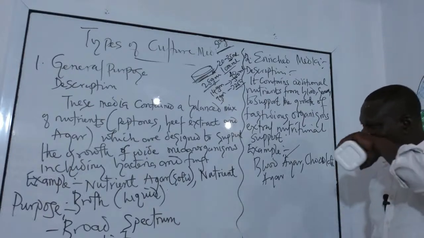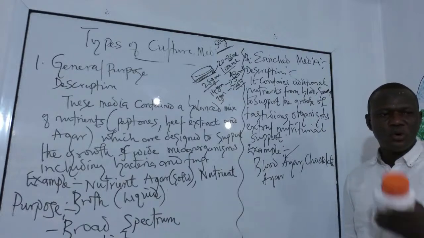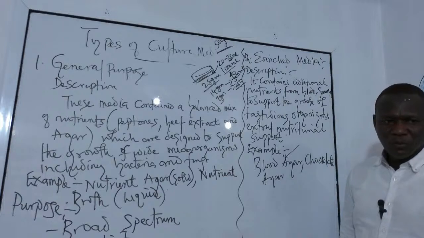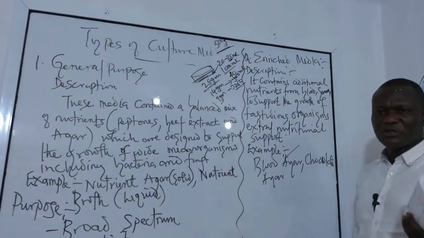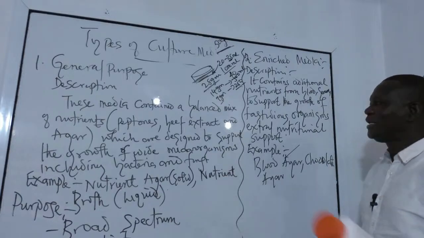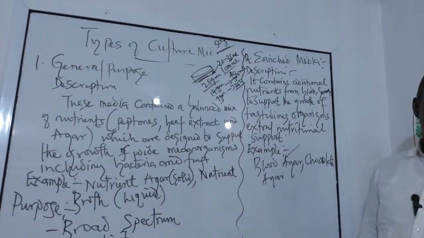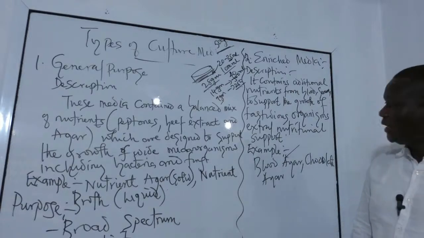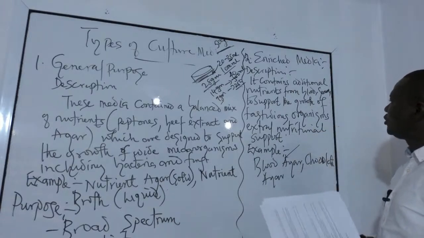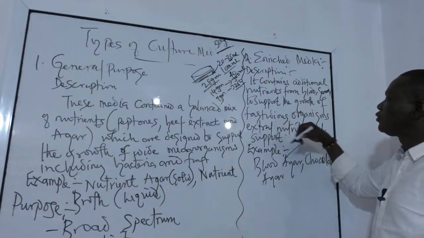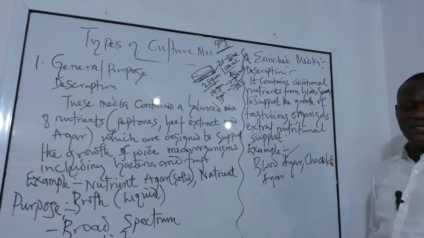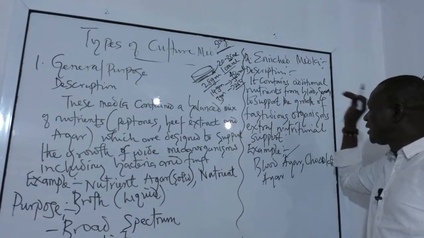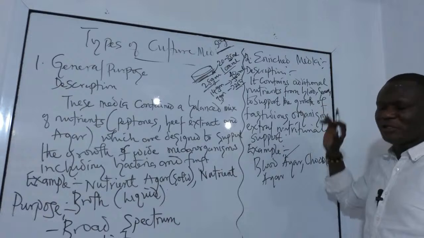The only thing is that you want to grow microorganisms that will require extra nutritional support or extra nutritional treatment. So that is that, and you will use it for the growth of fastidious organisms. When I say fastidious, it means microorganisms that require extra nutritional support.